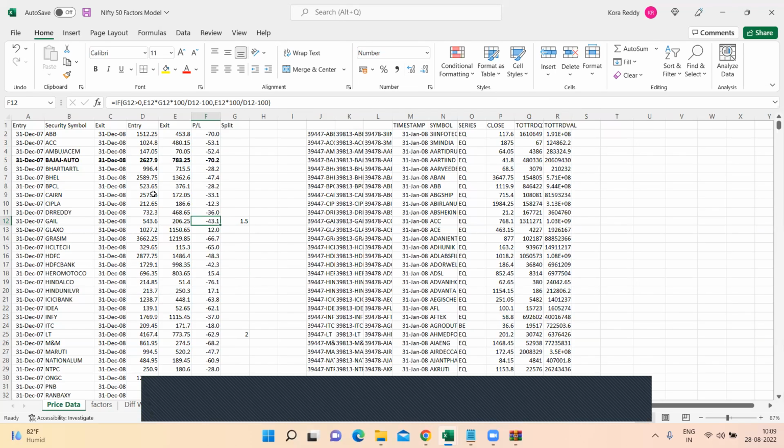I have highlighted Bajaj Auto there for a reason. So that's a hint for you.